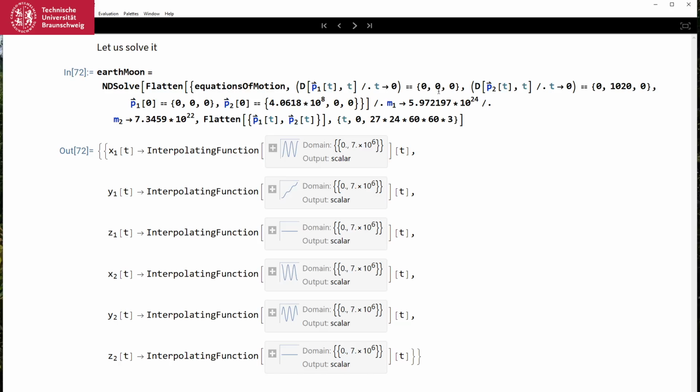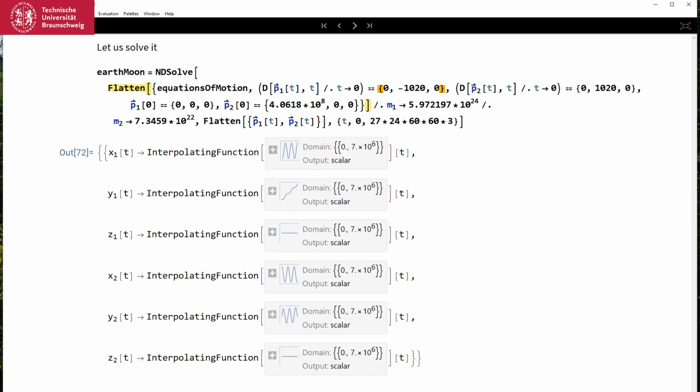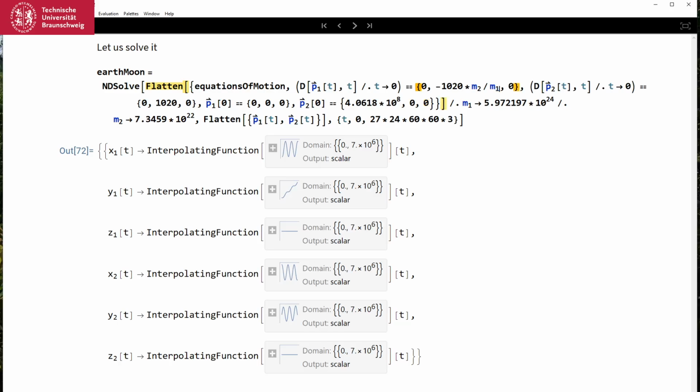Do we want to try it out? I never tried this. So we would have to put minus 1,200 times the mass of the moon divided by the mass of Earth, I guess, such that there is 0.